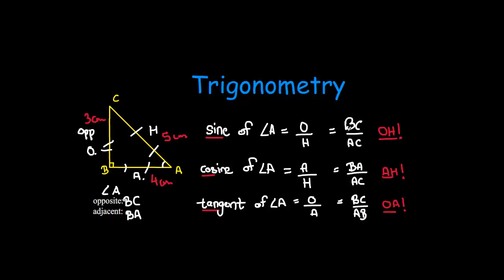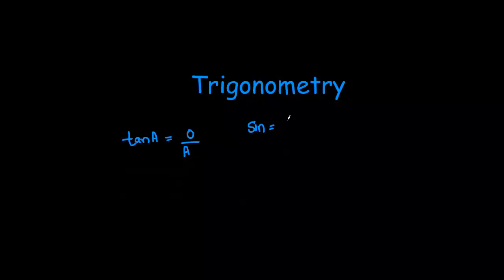There is BC and AC, or basically it is opposite upon hypotenuse. So opposite upon hypotenuse is what sin A is, and cos A is adjacent upon hypotenuse.